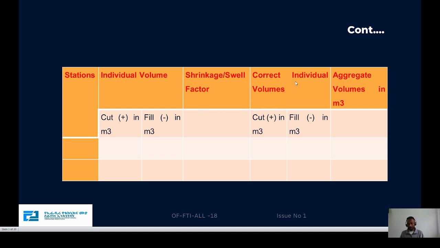After correcting the individual volumes, we come to the aggregate. The aggregate is obtained by adding the preceding volumes, cutting as well as filling, into one aggregate volume.